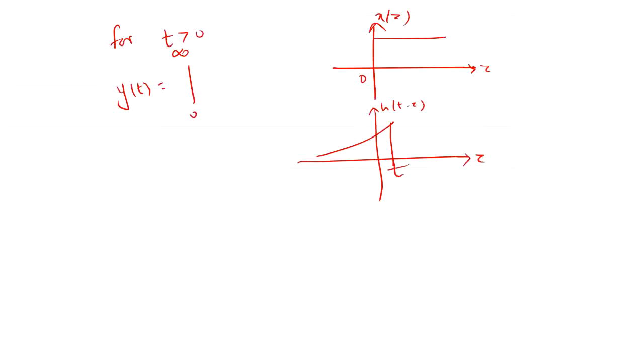So we are considering this region only, from tau equals 0 to t. The equation is e raised to the power minus a(t minus tau) times u(t minus tau). And what is u(t minus tau)? It is 1 only. So finally we can write it as the integral from 0 to t.